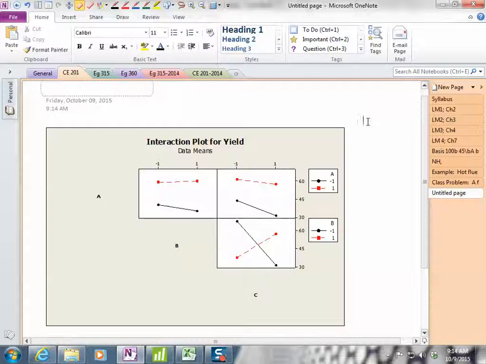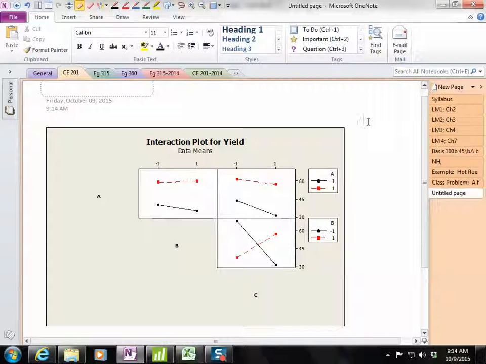Remember, in an interaction plot the y-axis is our response, yield, and the x-axis is just one of the factors, x1, x2, or x3, and the series are the other factors. An x1, x2 interaction would have x1 on the x-axis, and then x2 at the high value and x2 at the low value. Is everyone oriented okay with that?